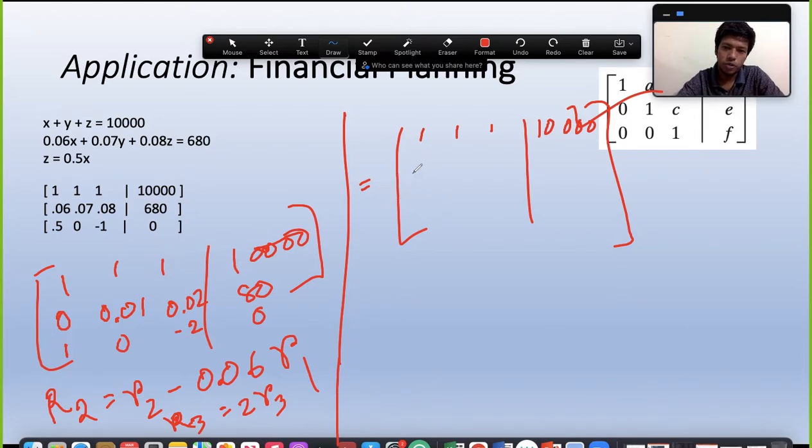So what we can do here is, look, we need a 1 here, so just divide this line by 0.01. So this will be 0, this will be 1, this will be 2, and if we divide 0.01 here, it will become 8,000.